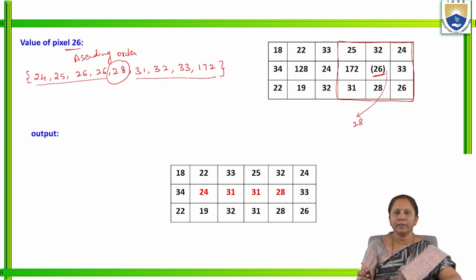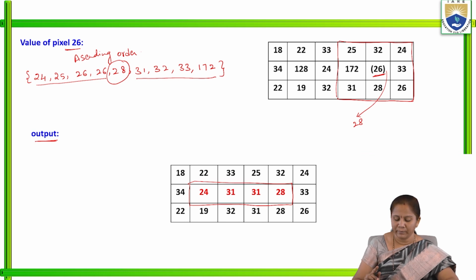So we have calculated all the new pixel values for the marked pixels. Now let us see how the output image looks after applying the median filter. So here in the question we have all the marked pixels.